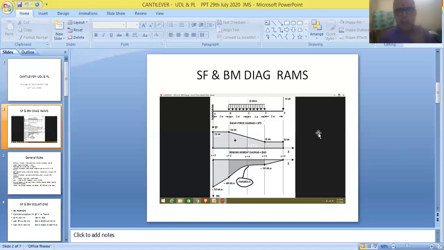So if the entire load is acting at one particular point as shown here, it is called a point load or a concentrated load.